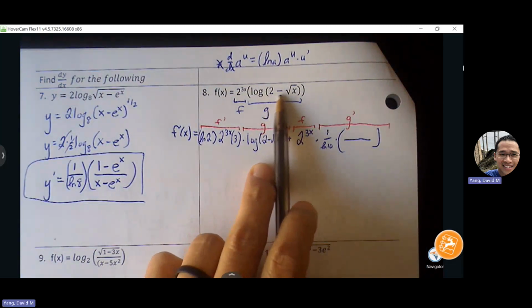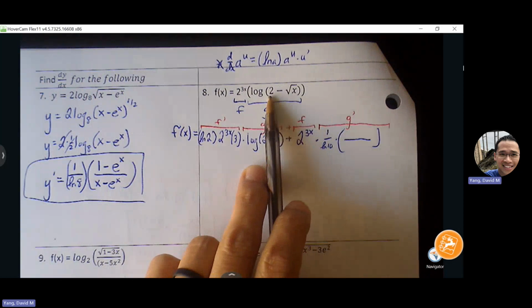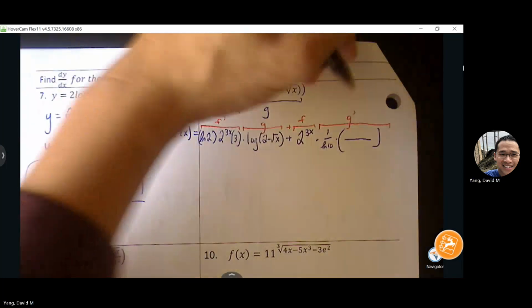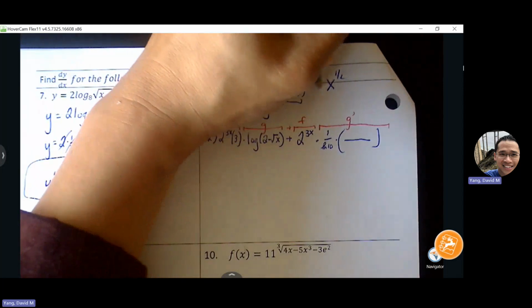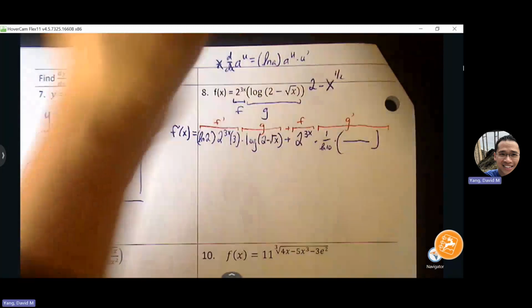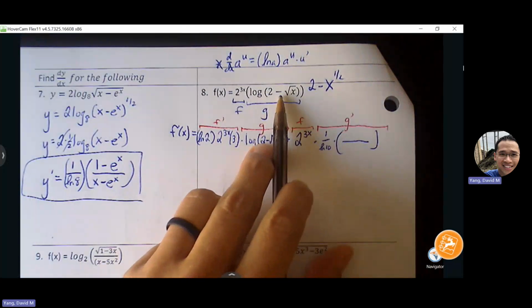Okay, so we take the derivative of what's inside the parentheses. 2 becomes, what's square root of x? It's x to the 1/2, right? What's the derivative of x to the 1/2? Just make sure we keep that negative in front.